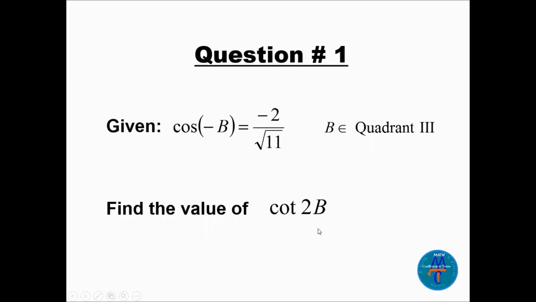Take a few seconds to think, how can we start? Here we have to deal with cosine of minus b, and then we have to remember the formula of cotan 2b. It is the reciprocal of tan 2b. So first we can find tan 2b, then find the reciprocal to find cotan 2b.